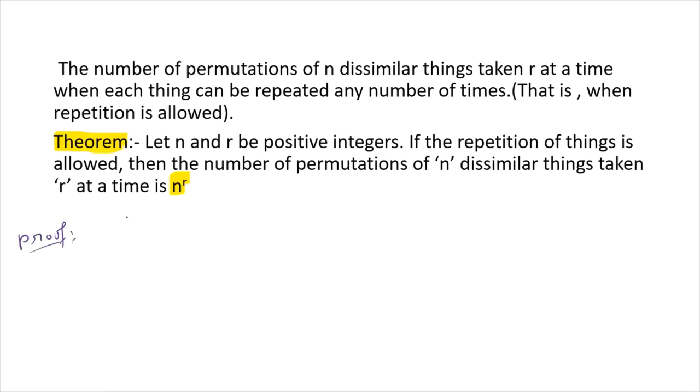So what is given here? N distinct objects. We have to find the number of permutations of n distinct objects taken r at a time. 1, 2, 3, and so on up to r.